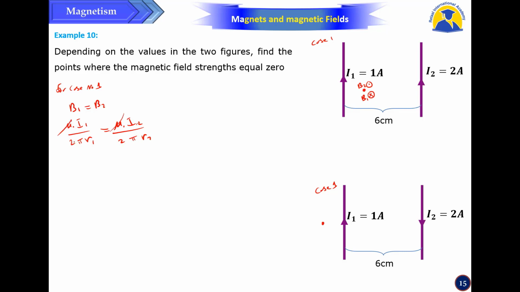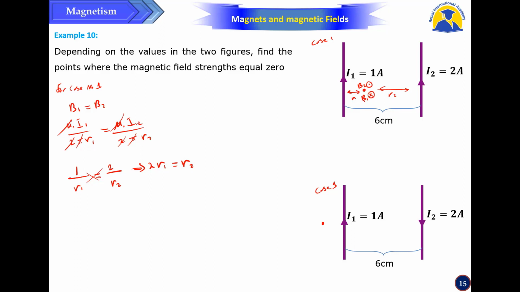Mu 0 with mu 0 cancel, 2 pi with 2 pi cancel. So I1, which is 1 ampere, divided by R1. R1 is this distance, and this distance is R2. So 1 over R1 will equal I2, which equals 2, divided by R2. By cross multiplying, 2R1 will equal R2.